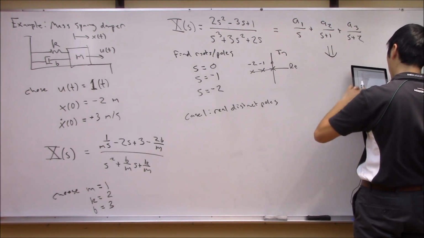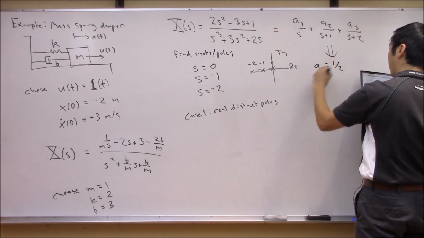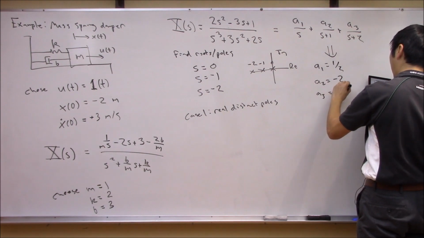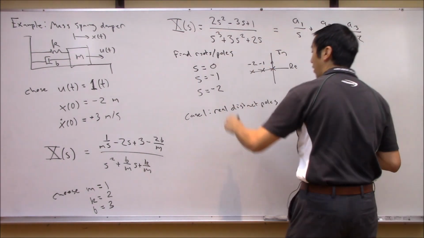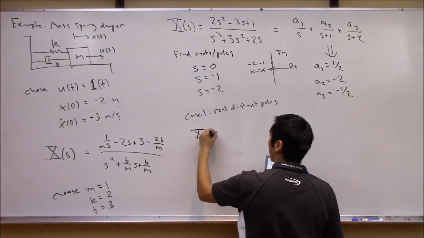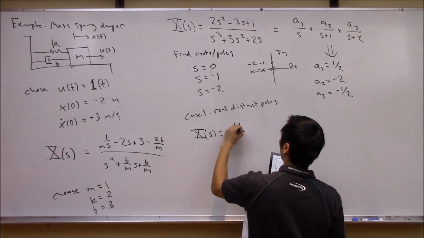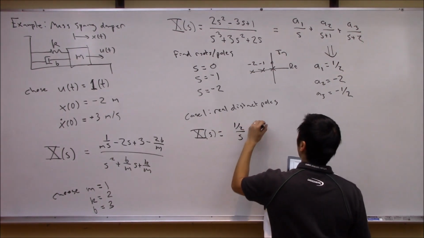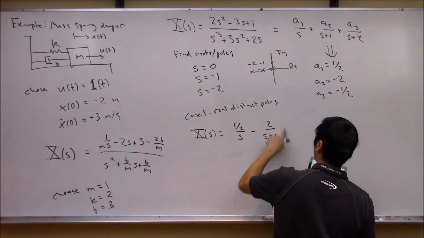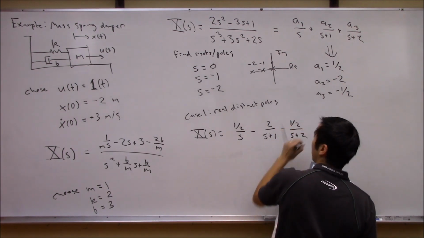If you do that, you get an A1 of positive 1/2, an A2 of -2, and an A3 of -1/2. So the function X(s) can be rewritten as 1/2 over s, minus 2 over s plus 1, minus 1/2 over s plus 2.